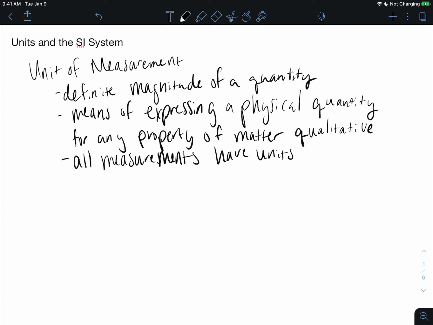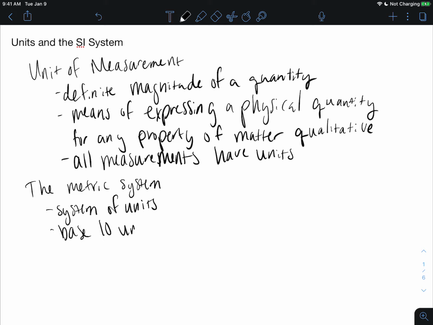The one that's used in science and around most of the world is the metric system. So the metric system is a system of units, and it is base 10, which makes it very convenient. Like I said, it's used in the scientific community, along with most of the world.